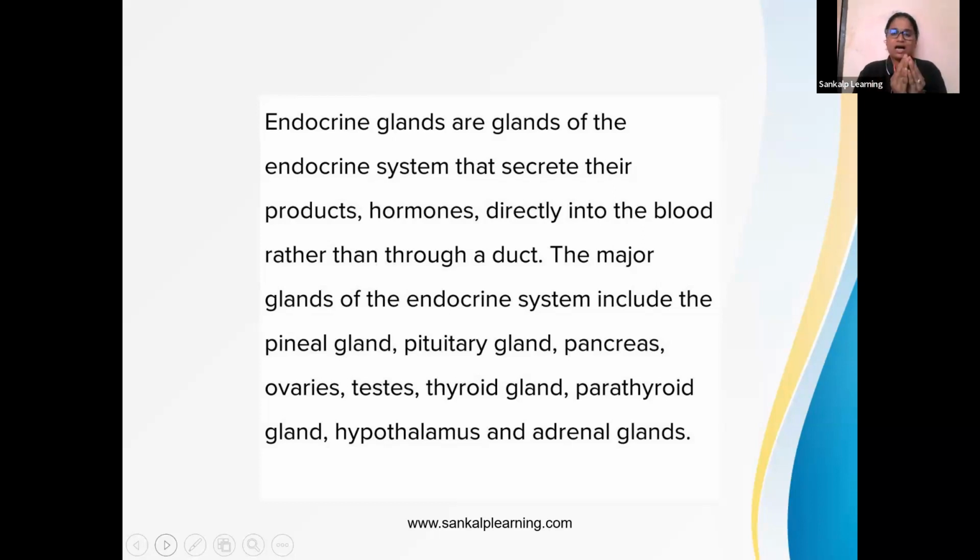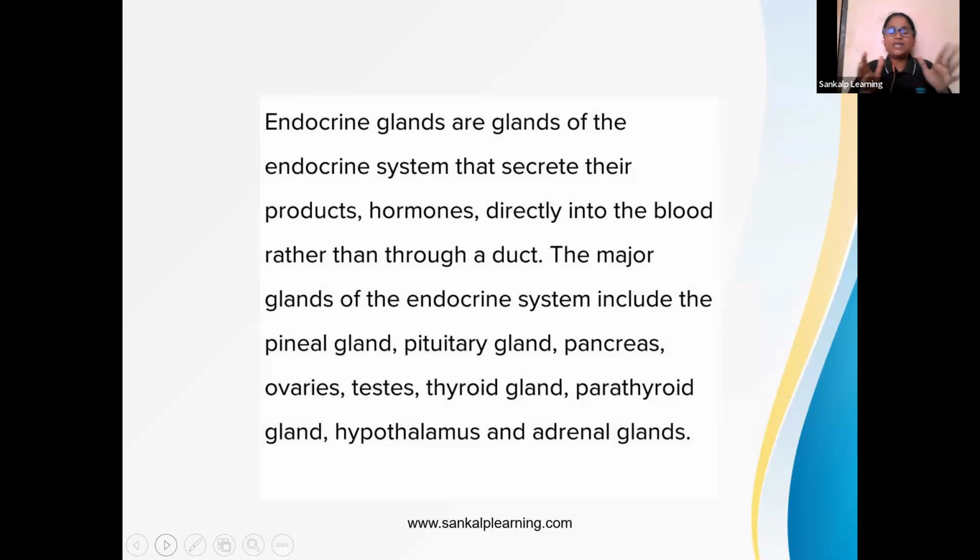So what are hormones? These are the chemicals which are responsible for certain activity in our body. These chemicals will be released by specialized parts which are called glands. The glands which release chemicals directly into the blood, not through any duct.